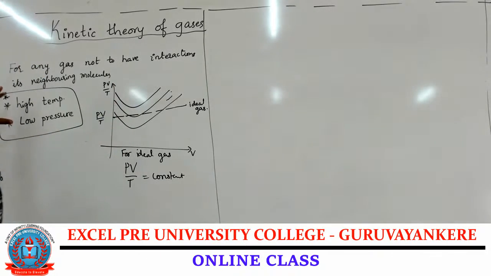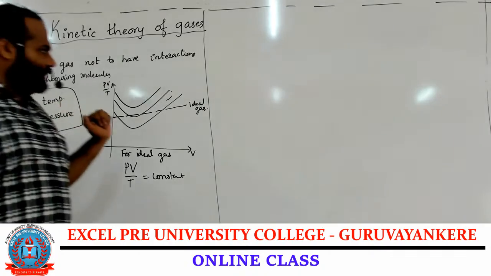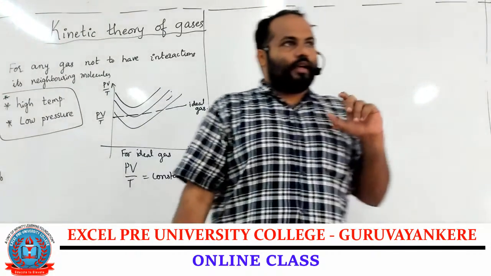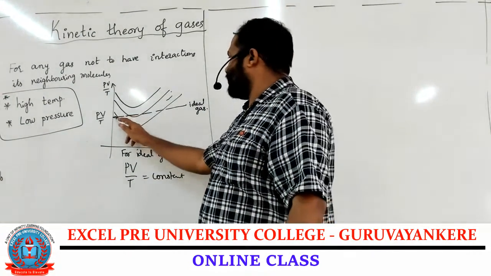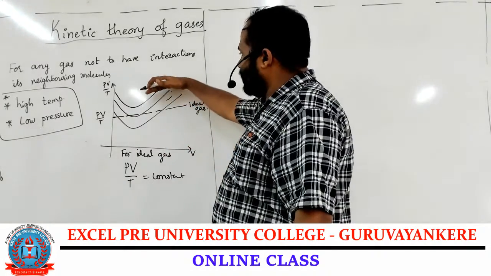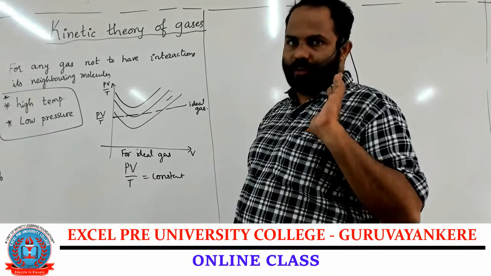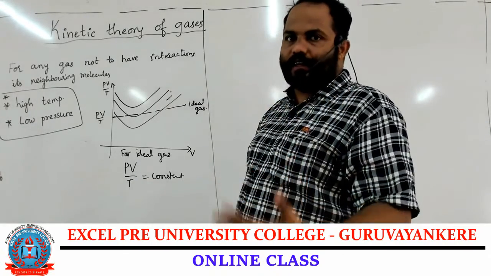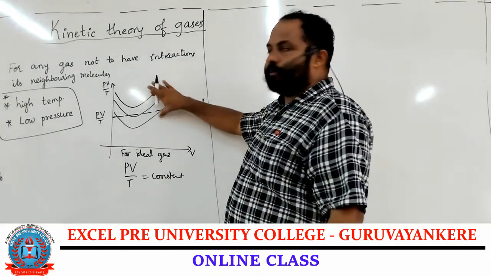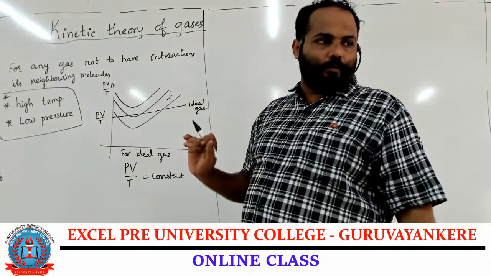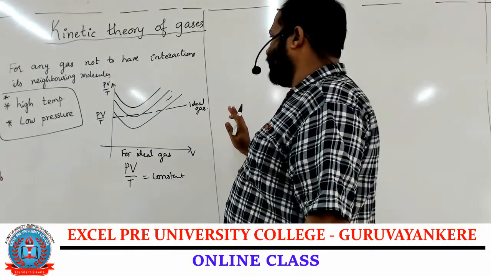But when you maintain high temperature and low pressure, they can have a straight line behavior. If not the perfect ideal gas behavior, they can be as close to an ideal gas behavior. That is the meaning.